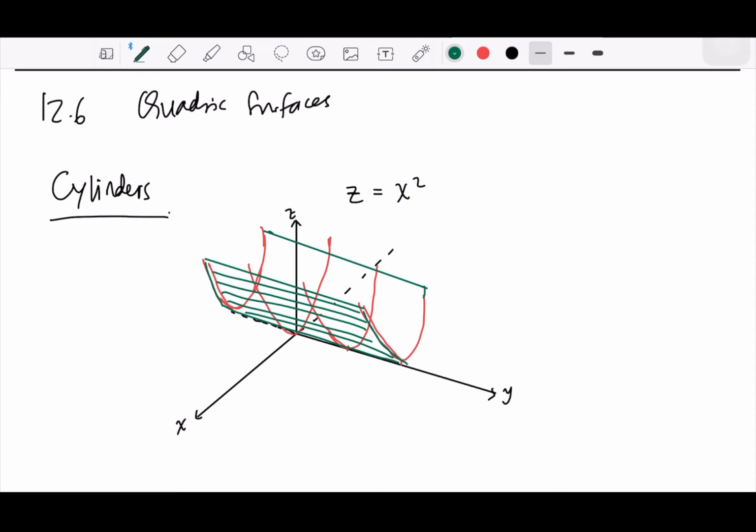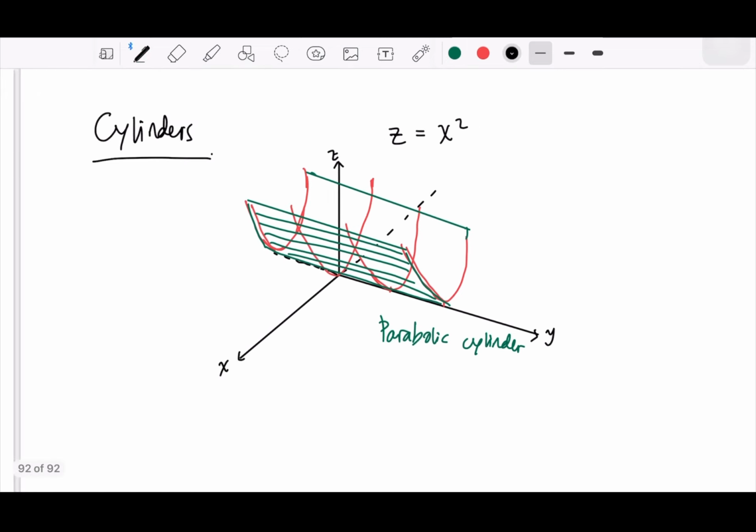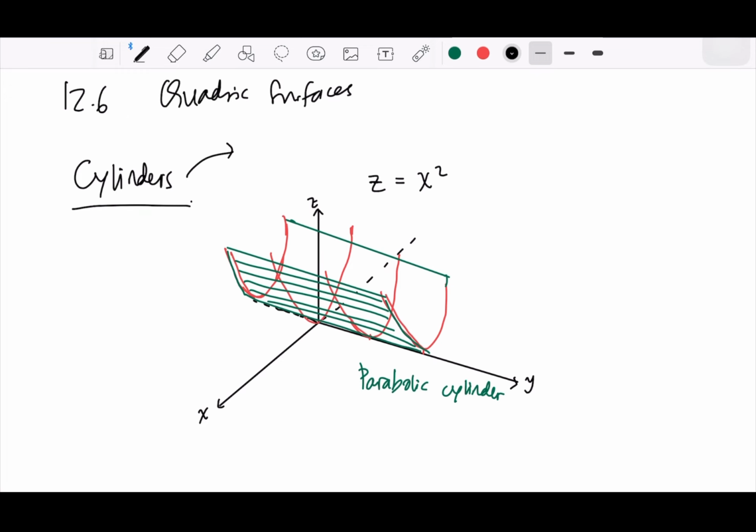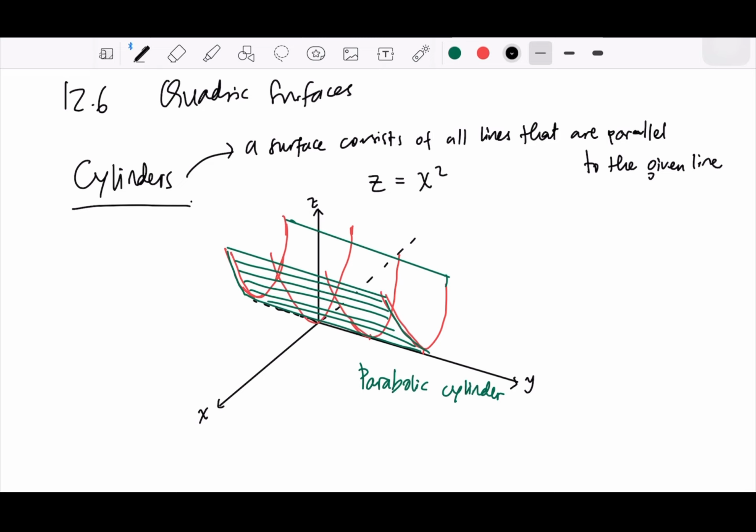So a cylinder, as a definition, is a surface consisting of all lines that are parallel to a given line and pass through a given curve.